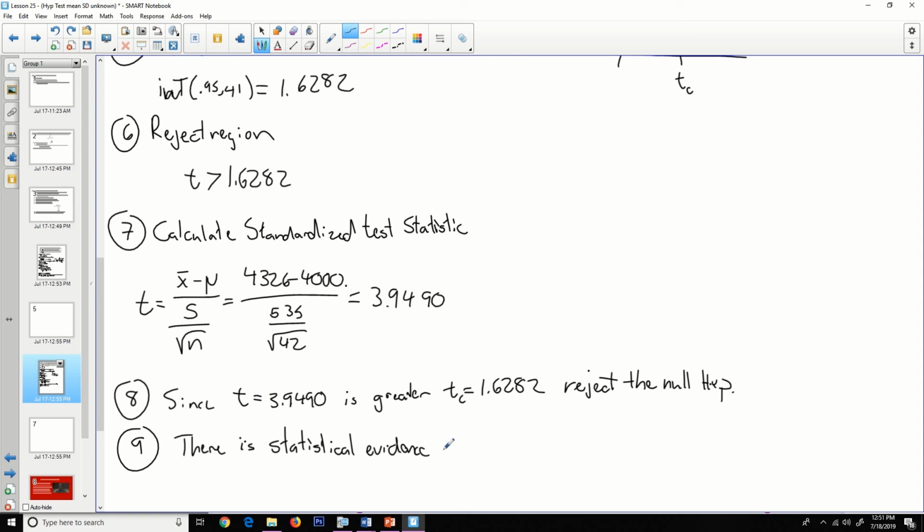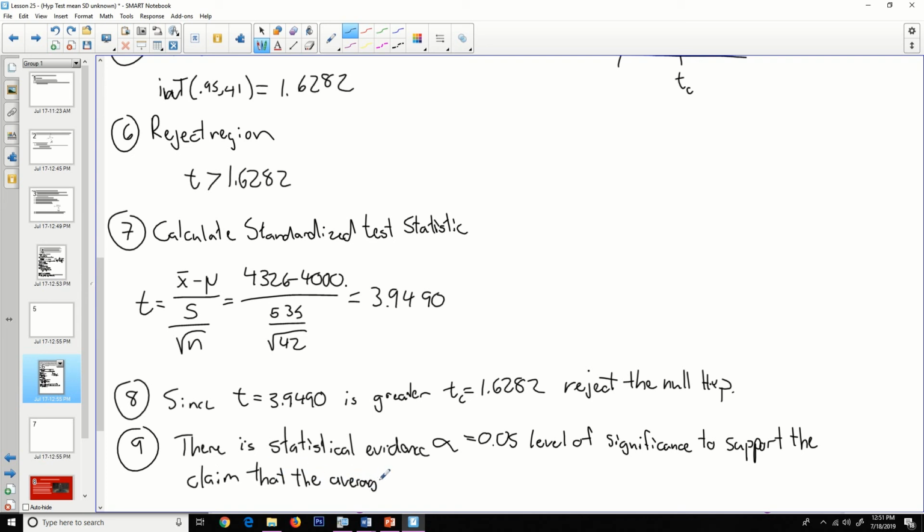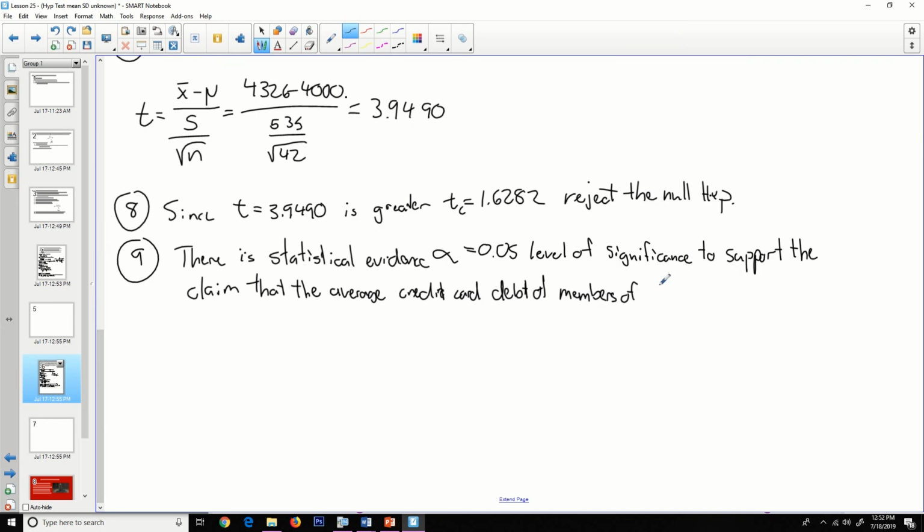And so there is statistical evidence at the alpha equals 0.05 level of significance to support the claim that the average credit card debt of members of Generation Z is more than $4,000.